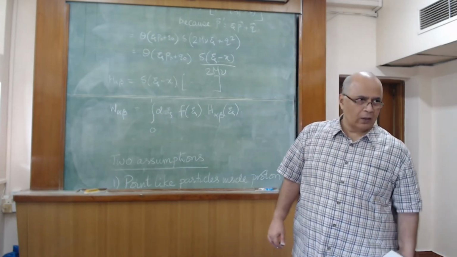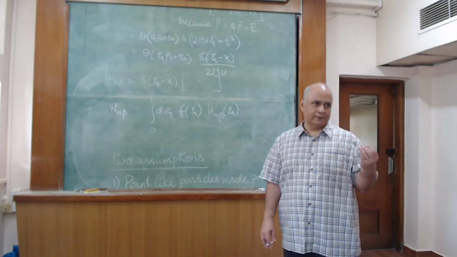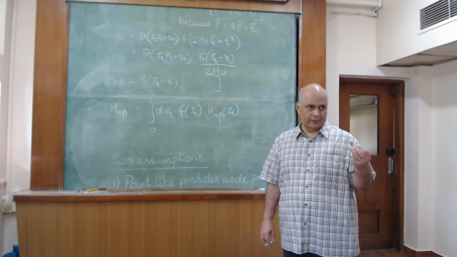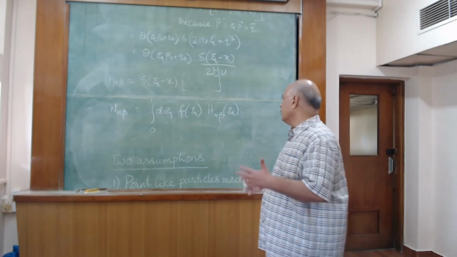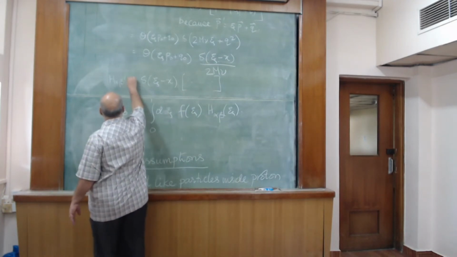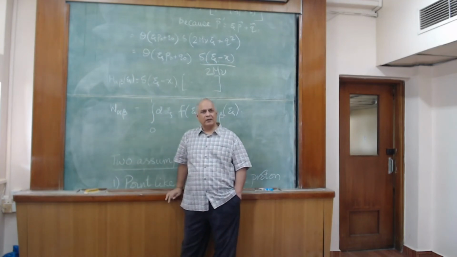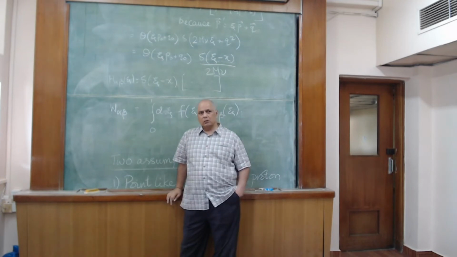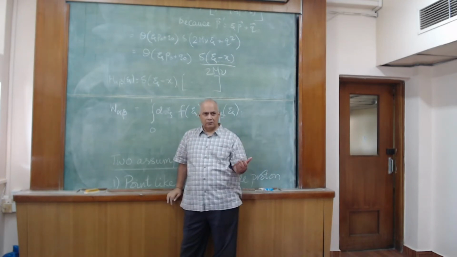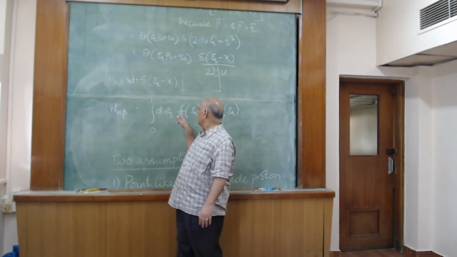I have a Parton carrying momentum fraction xi, and for that Parton I get the hadronic tensor to be H alpha beta. Now the probability that the momentum fraction carried is xi is f of xi.